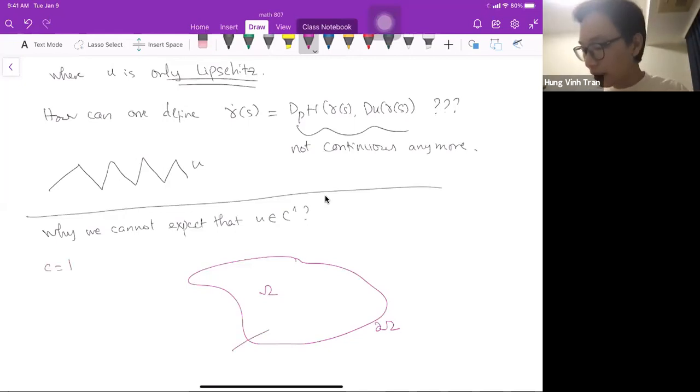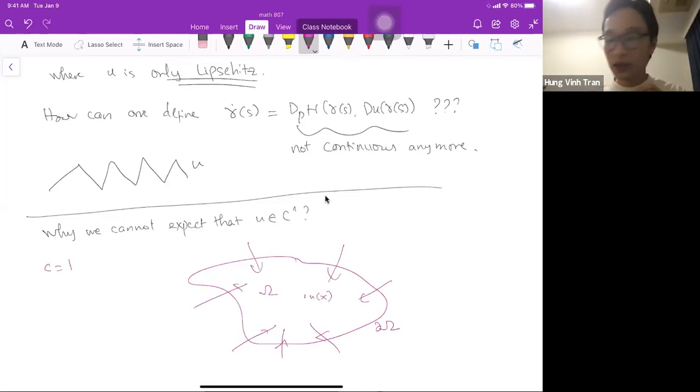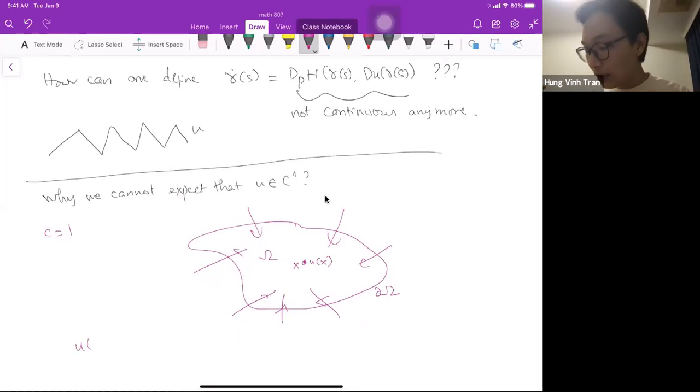You let the light pass through the boundary of omega to get inside the domain, and you define u of x to be the time it takes for the light to reach the point x. Then u of x is exactly the distance function from x to the boundary of omega.